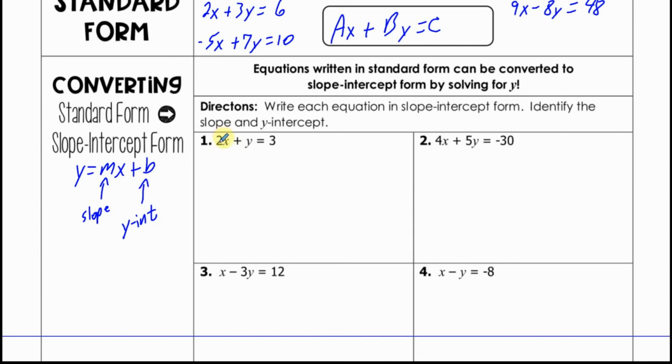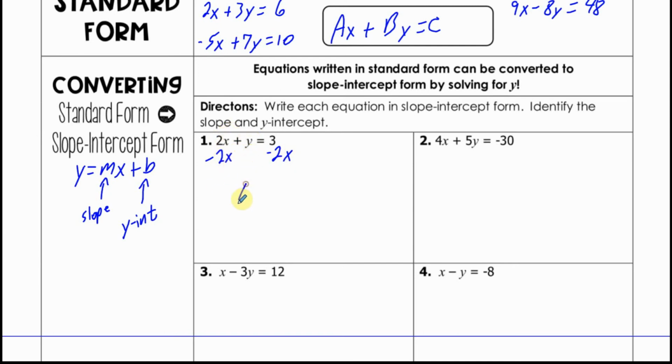We've learned how to get rid of things, right? Add, subtract, multiply, divide. Well, that's a positive 2x, and it's not 2x times y, so I'm not going to divide. So we're going to subtract 2x from both sides. 2x minus 2x is nothing.